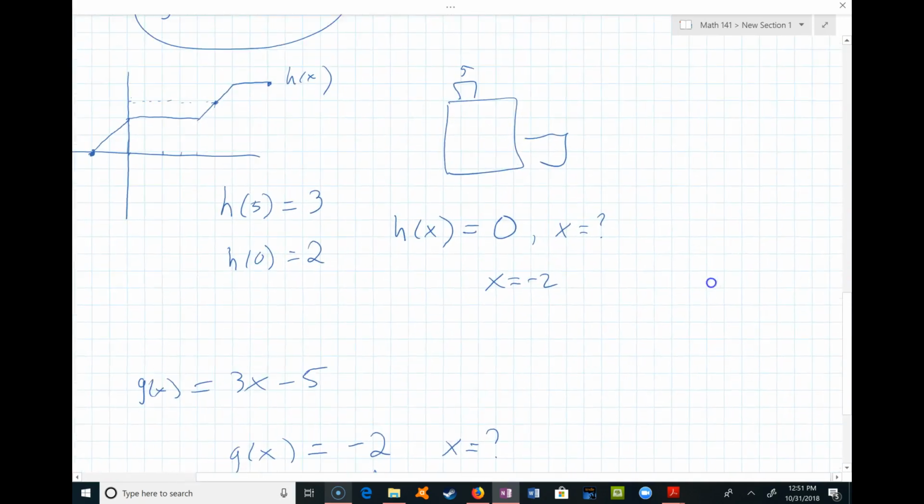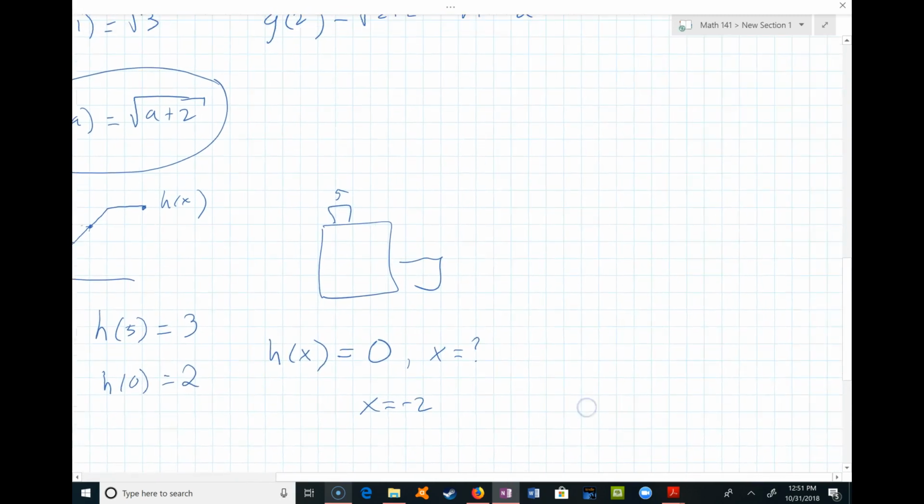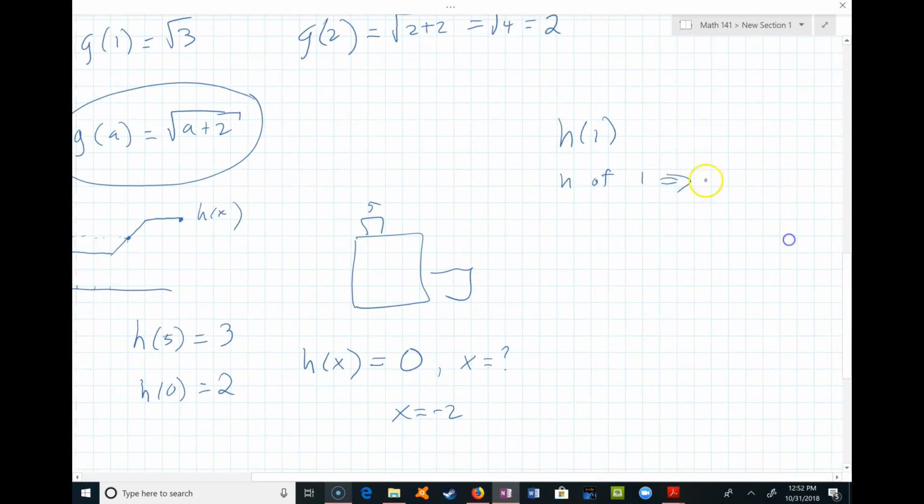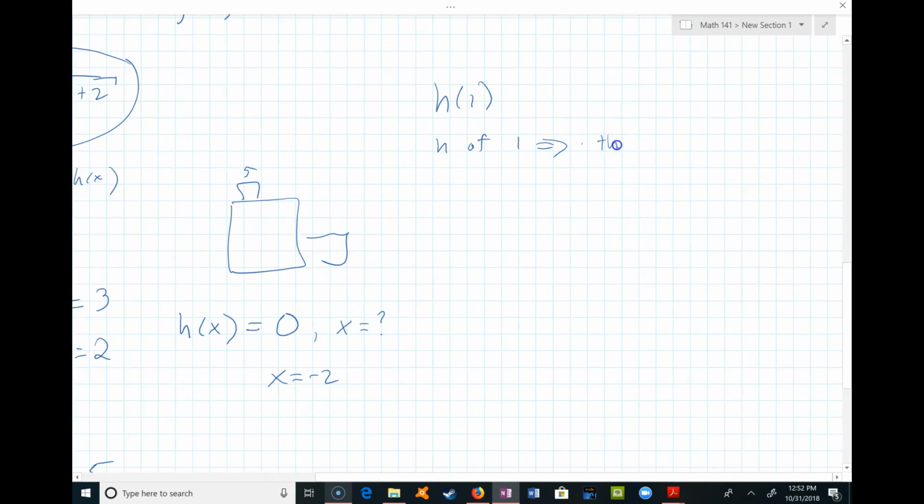So one of the keys to function notation is realizing that you're doing function notation, because a common mistake is people see this and they think, oh, that's just h times 1. Well, no, this is function notation. It's saying what is h of 1 is the proper way to say this. H of 1 means the input value is 1, comma, what is the output value?